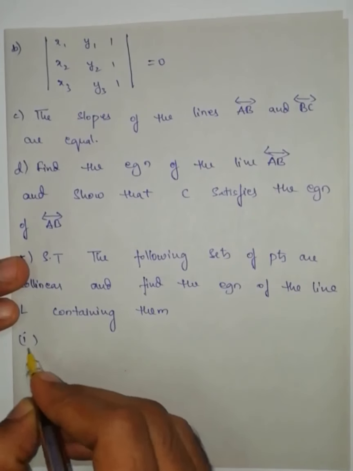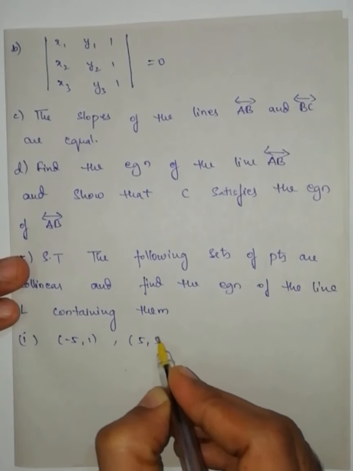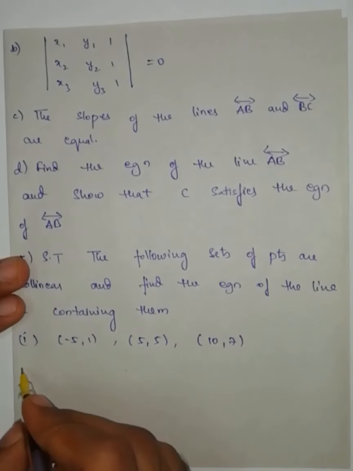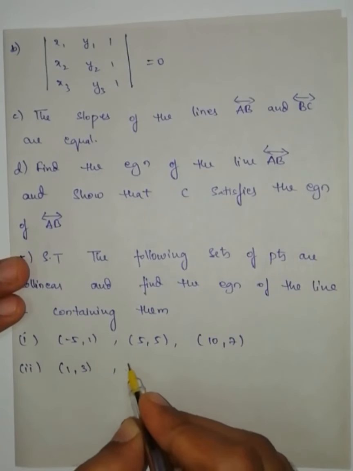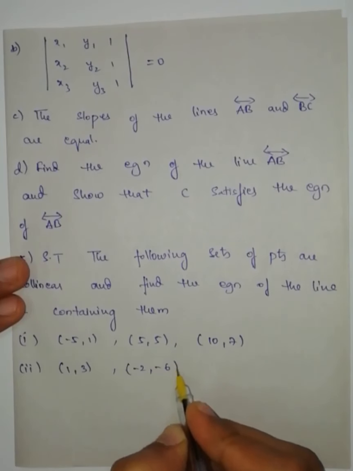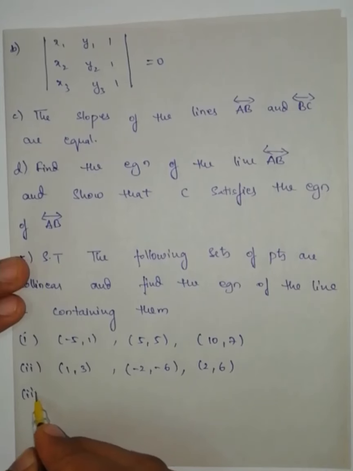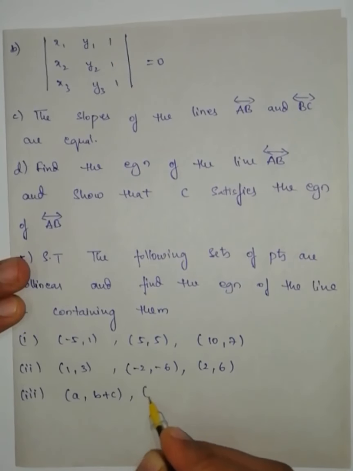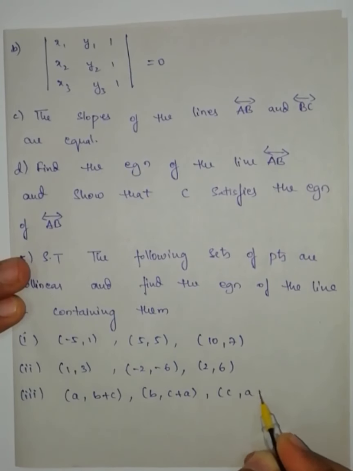In this, the first one: (-5, 1), (5, 5), (10, 7). Second one: (1, 3), (-2, -6), (2, 6). Third one: (a, b+c), (b, c+a), (c, a+b).